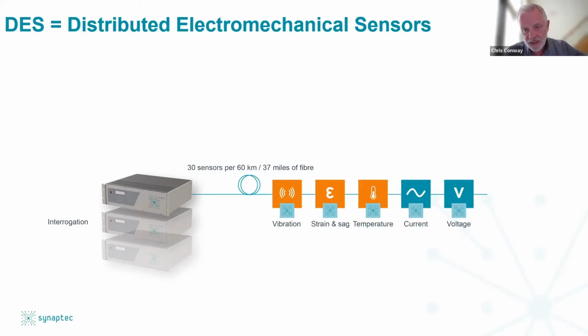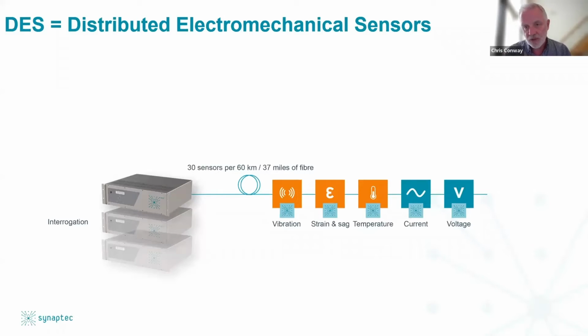Traditionally, each of those sensors has its own wavelength, and they have been used for vibration, strain, and temperature.